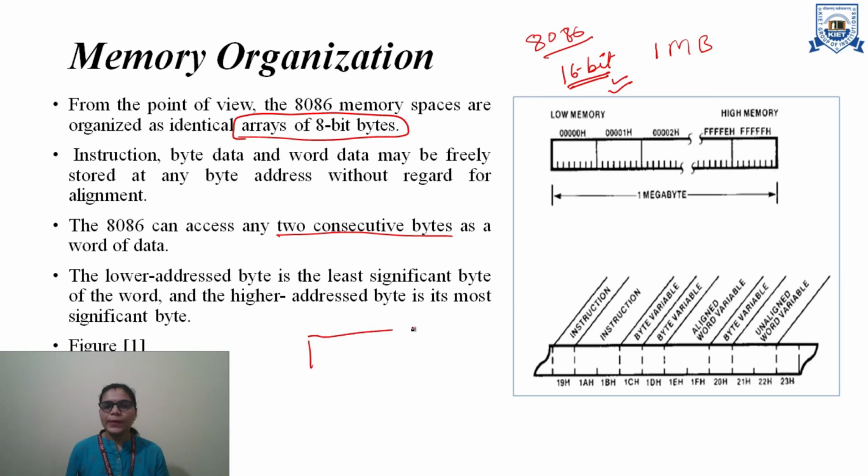So 2-byte data will be like lower byte data and higher byte data. This will be the least significant byte and this will be the most significant byte of the data. And here we can store instruction, word data, byte data in the memory.